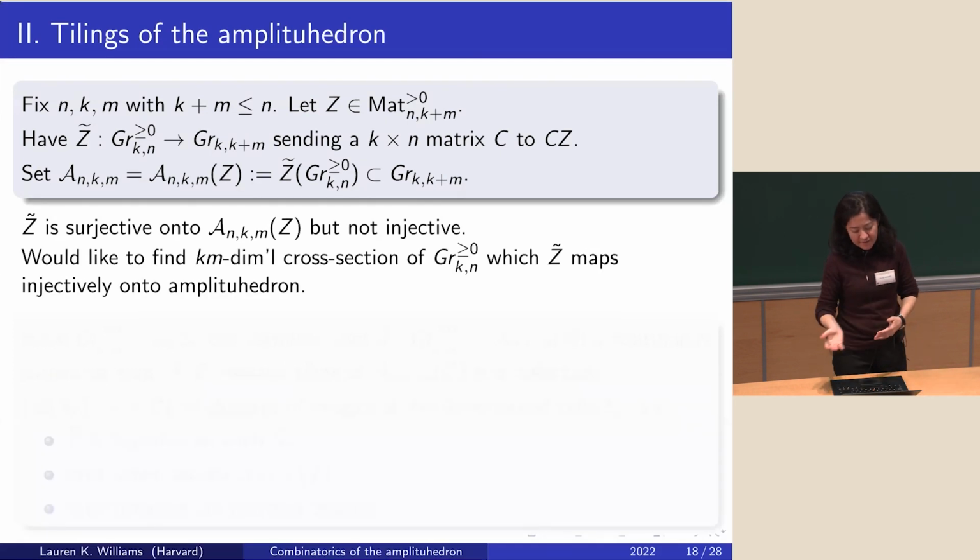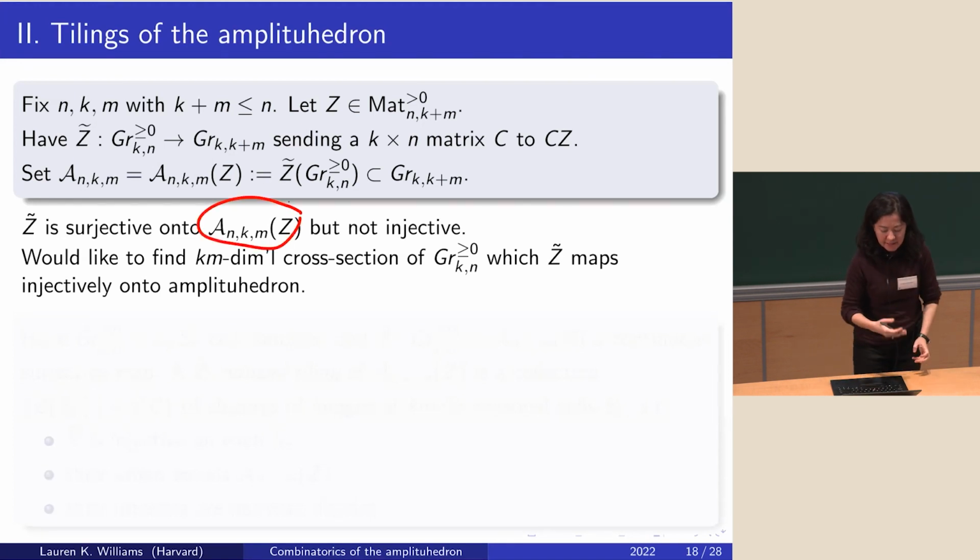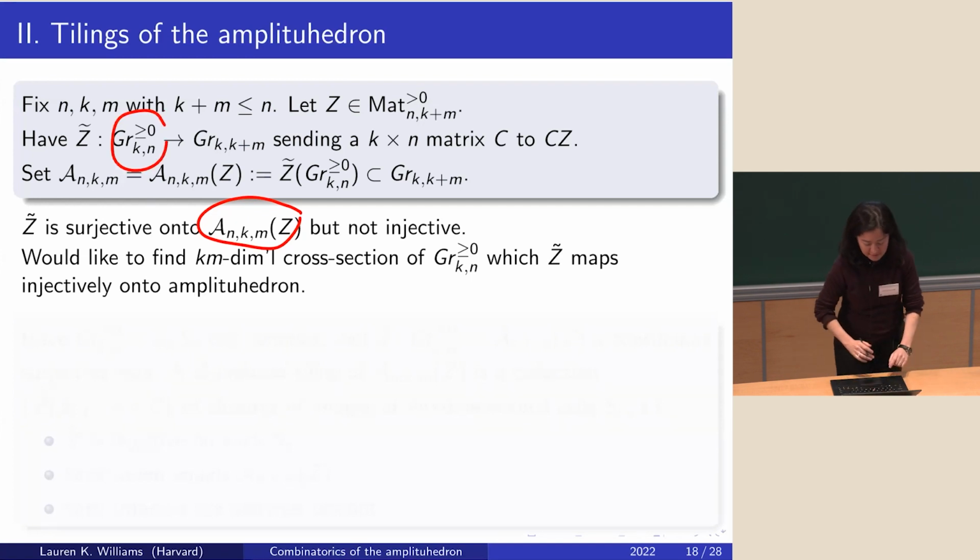Since it fails to be injective, and moreover this object has dimension k times m, we'd like to find a km-dimensional cross-section of the domain which Z tilde maps injectively onto the amplituhedron, because we'd like to express it as the image of something that maps injectively onto it.